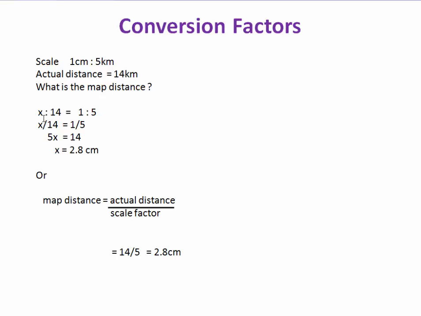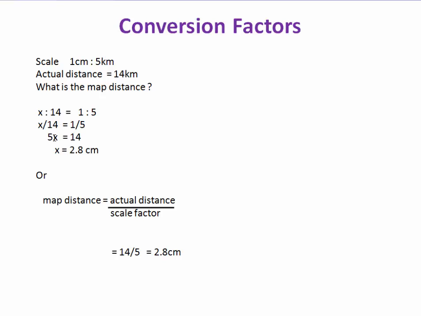So write it down as this ratio: x to 14 equals 1 to 5. We're keeping these units as we're given. We want the distance in centimeters, so keep the ratios as centimeters to kilometers. So x divided by 14 equals 1 divided by 5. That's our ratio.